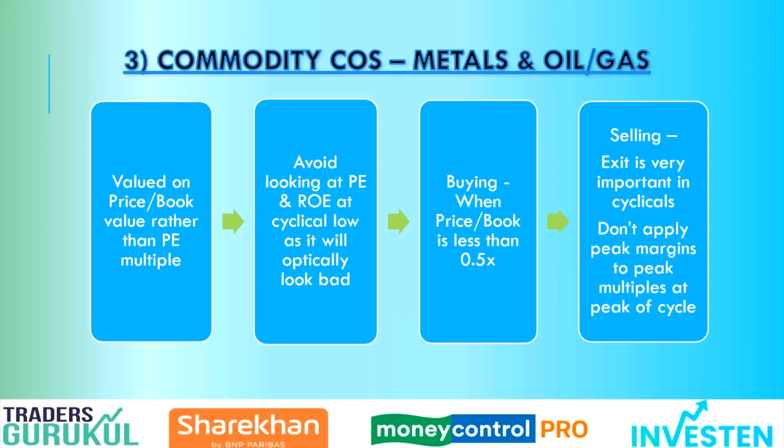So the commodity sector, which includes metals, oil and gas, is another industry where one should avoid looking at the price to earning multiple. Commodity companies are best valued on a price to book multiple rather than a PE multiple, which helps us in avoiding fluctuations in earnings. We all know that commodity companies derive earnings from the underlying commodity which they sell, and commodities are cyclical in nature.